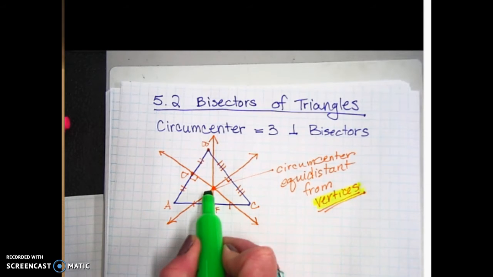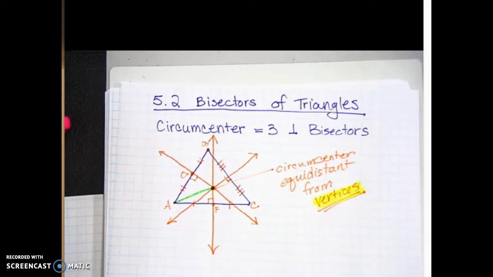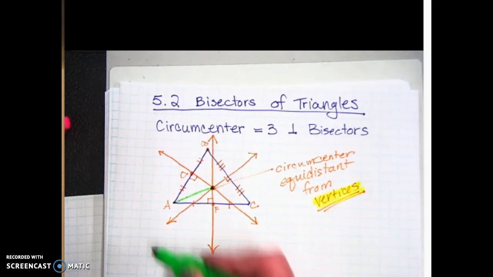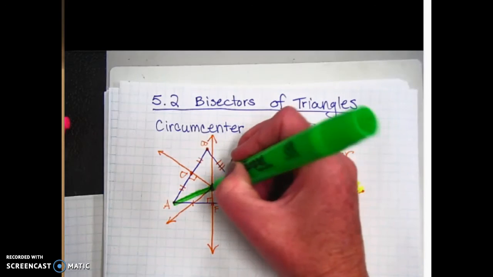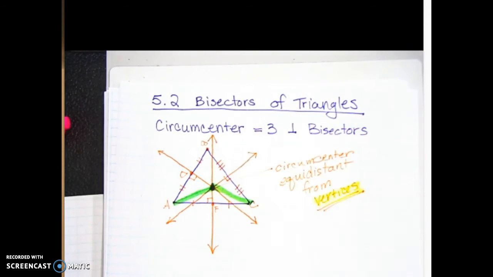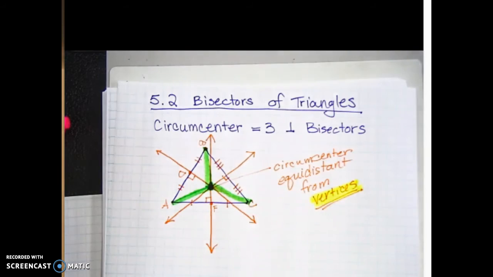So from this point right here, we could draw in another line. I'm using my highlighter to show that that segment right there, this segment right here, and this segment right here, going to all 3 of those vertices, is equidistant. Okay, they're all the same length. So if one of them's 15 inches, the other one's 15 inches.